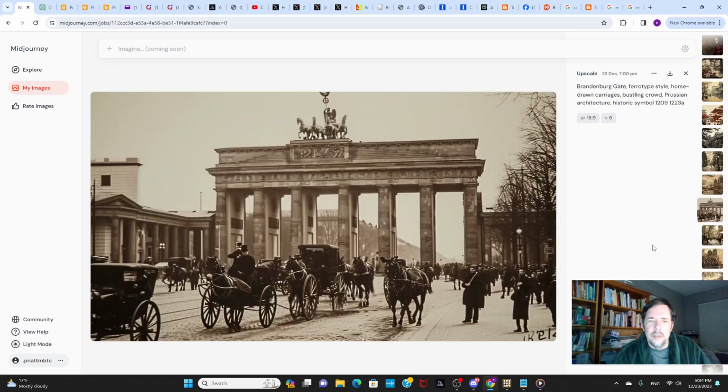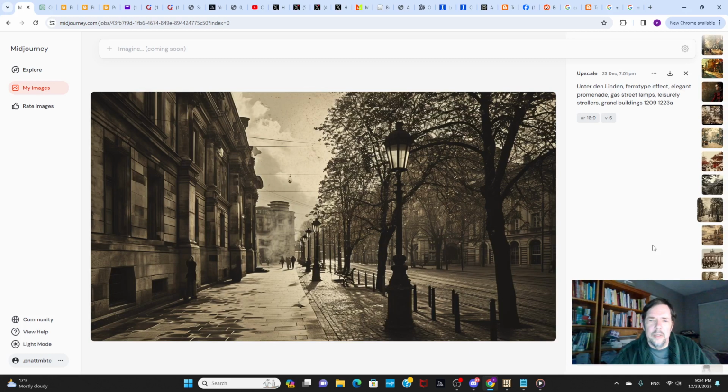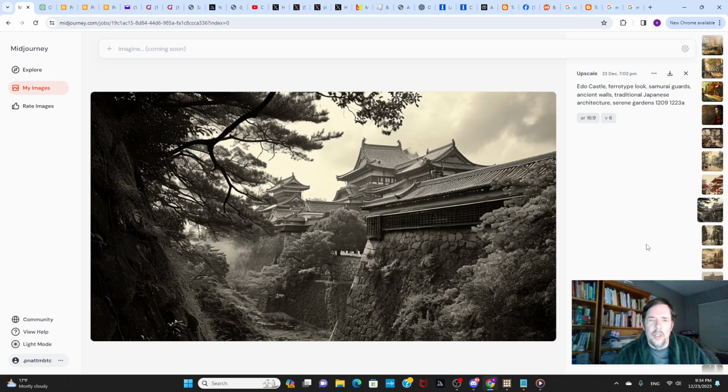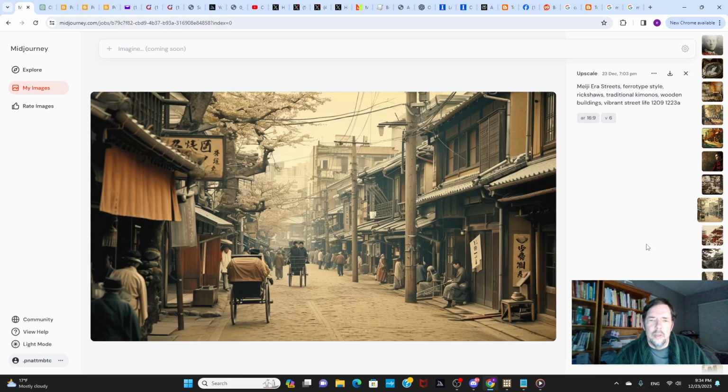This is Berlin, more Berlin, a third Berlin, and Tokyo. I think this was my favorite of the Tokyo ones. I think it kind of captured the idea pretty well.